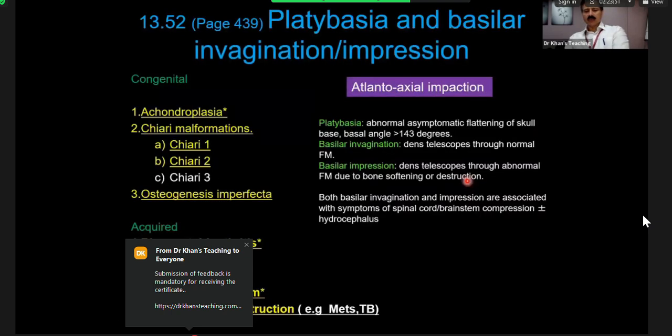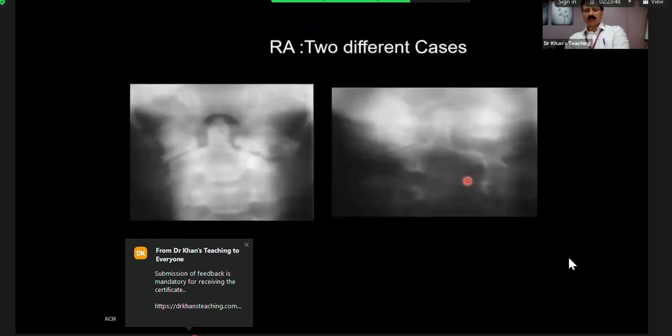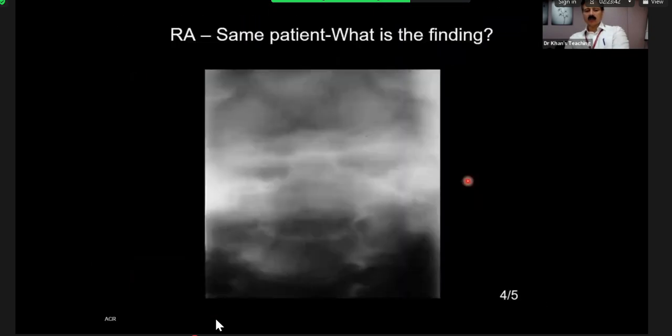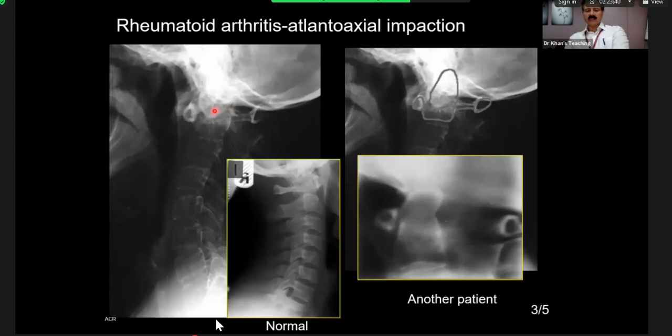So what happens is that because of that, there is superior migration of the dens into the foramen magnum. You can well imagine, if you go back, stretch of imagination, this is the clivus. You can imagine that the brain stem, the medulla, must be sitting here.